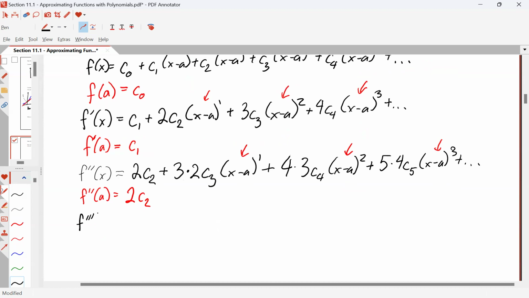We might think we're seeing a pattern, but you need to see maybe a couple more rows. Doing this again, 2c2, when we take the derivative of that, becomes 0.